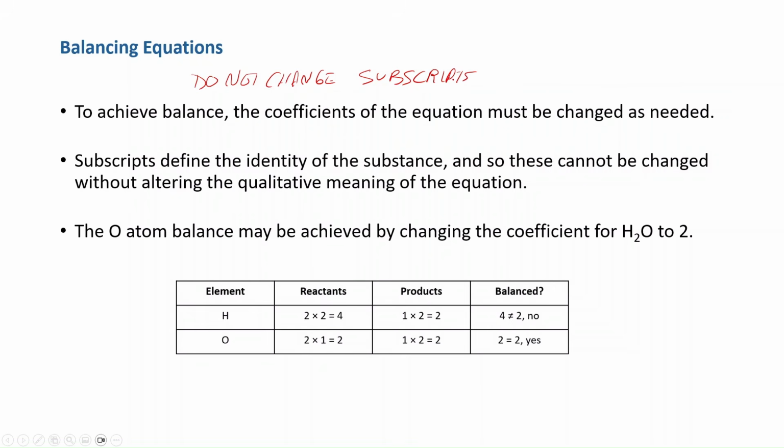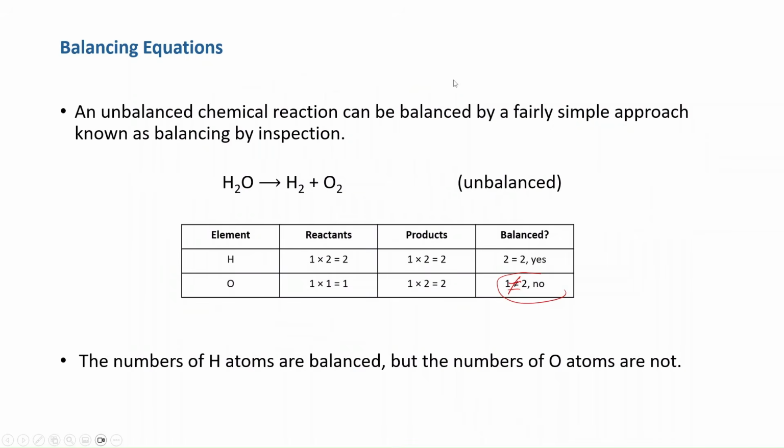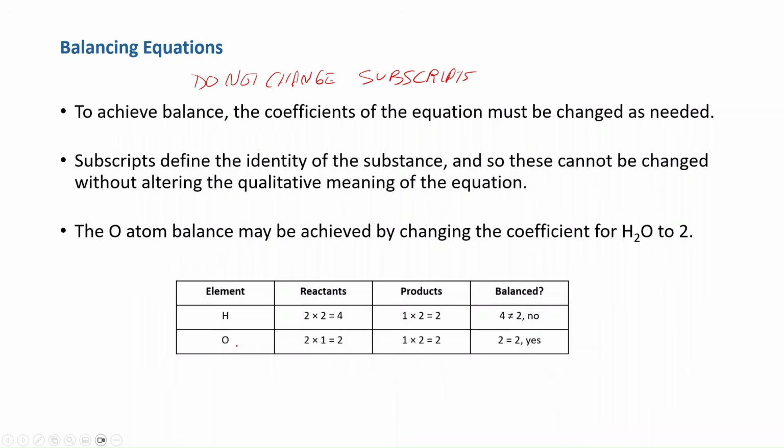I had, in an exam, a student, this is a real story, who changed H2O to H2O2, H2 plus O2. Now it's balanced. But this is not the question I gave him. This one had water, this one had hydrogen peroxide. You do not change the molecules. You do not change the subscripts because that changes the molecule.